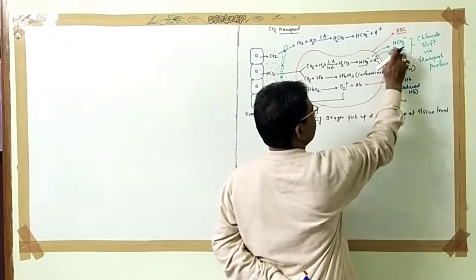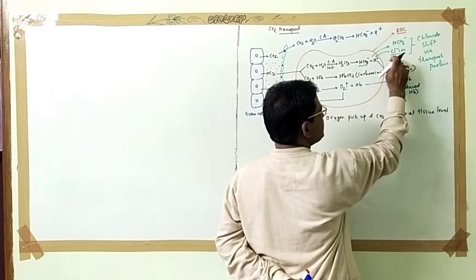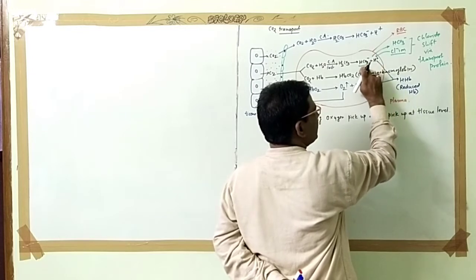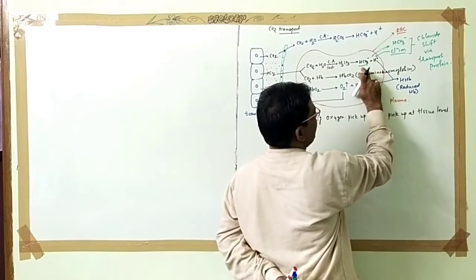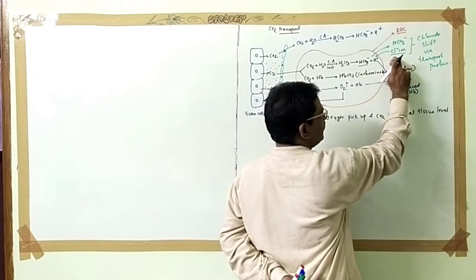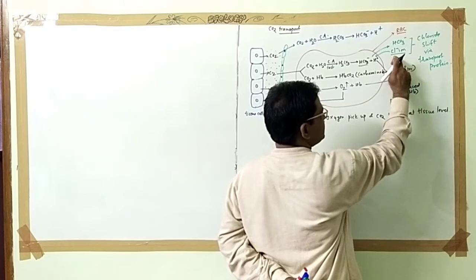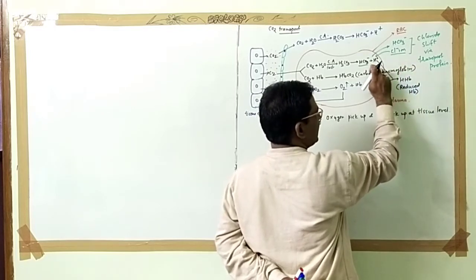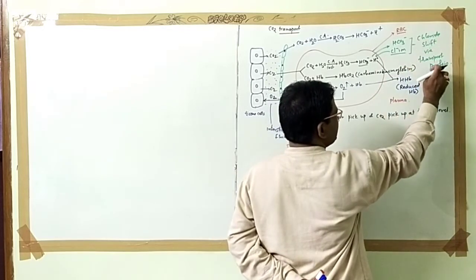Due to the moving out of this bicarbonate ion, the charge balance gets imbalanced. Okay, that's why the chloride ion which is present in plasma comes into the RBCs. That's why this is called as chloride shift via transport protein.